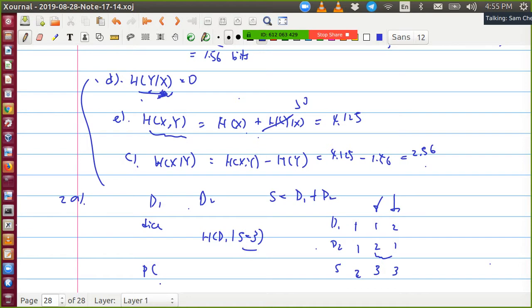H(D1|S=3) is equal to, maybe I'll write it this way, probability D1 equal to 1, S equal to 3. Oh, I cannot fit this, let me move to a new page.